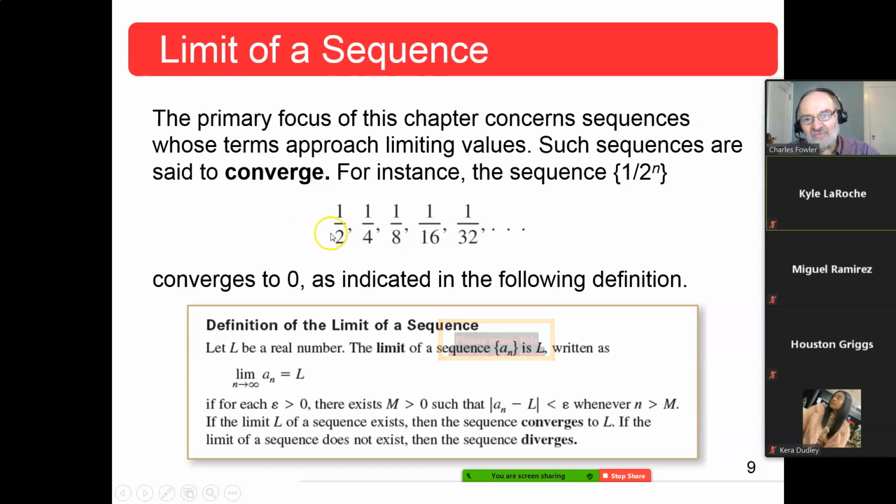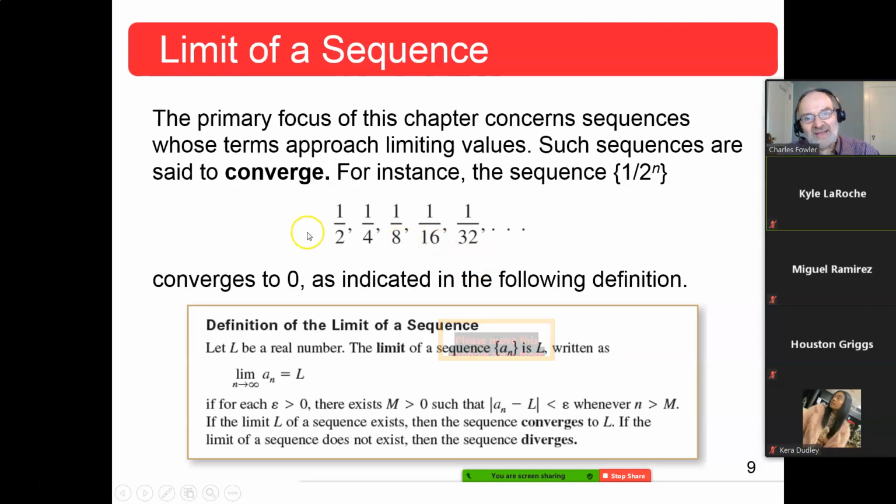Here they've taken it and started listing the terms. When n is equal to 1, remember n is just a counter, and the counter usually starts at 1 and goes up by whole numbers. Okay, so when n is equal to 1, that would be 1/2. When n is equal to 2, that's 1 over 2 squared, which is 1/4. n equal 3, 1 over 2 to the third, which is 1/8. 1 over 2 to the fourth, 1/16. 1 over 2 to the fifth, 1/32, and so on.